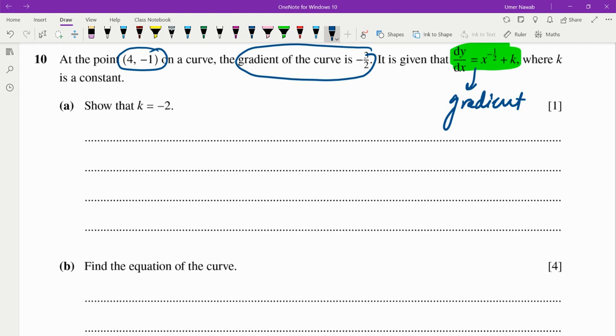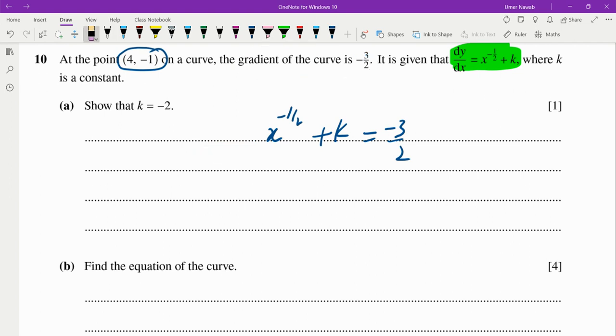So do we have any method to show this? Yes, we already know that the gradient is dy by dx. It is given to us as x raised to the power minus 1 over 2 plus k, but he also said this gradient is minus 3 over 2. So we put them equal to each other and develop an equation.